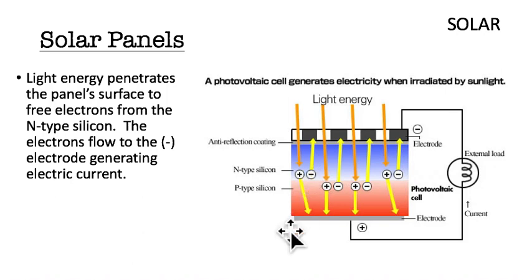N stands for negative, P stands for positive. In the process, it excites that layer and produces an electron. When an electron is released, that electron can start flowing and electric current is produced. So simply by having sun hit this panel, electrons are released and electricity starts to flow.